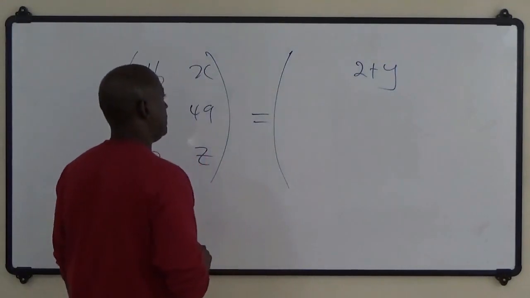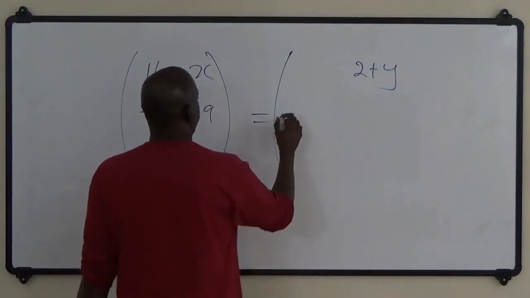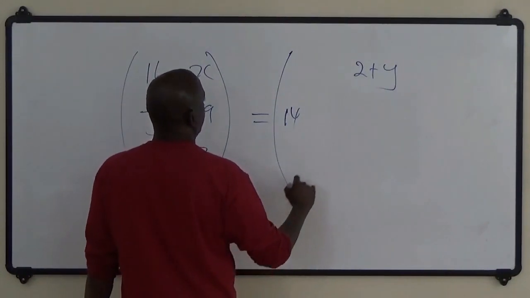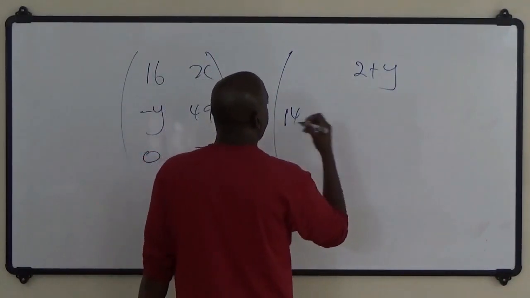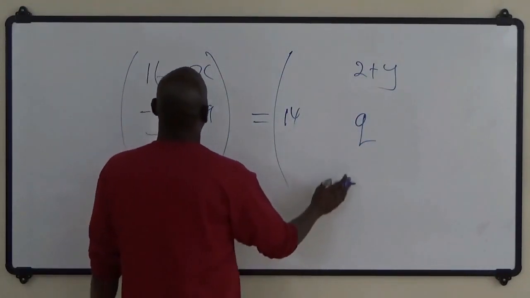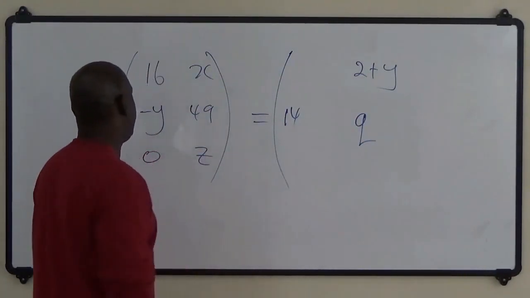You could get something like that. Right? 14. Let me say q. We have x, we have y, we have q. I have to look for a p somewhere in there.